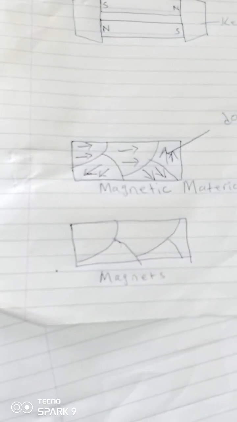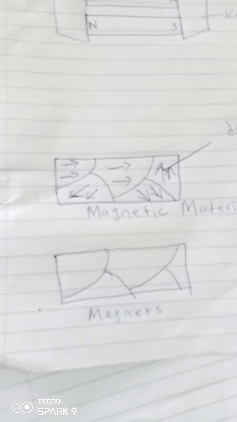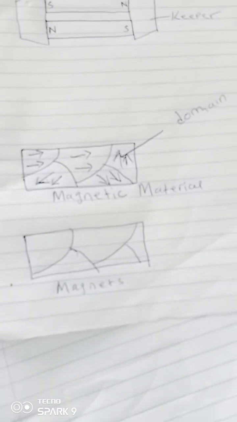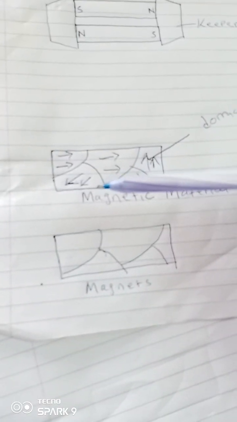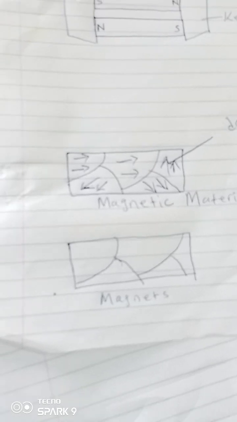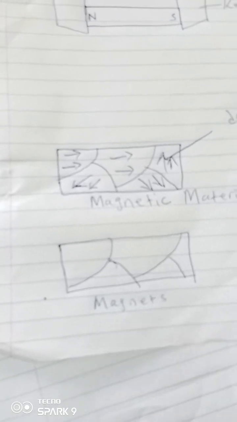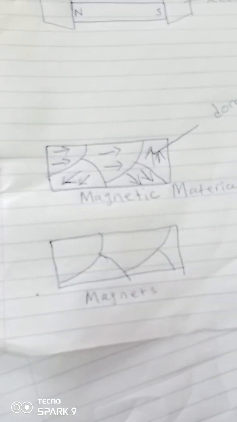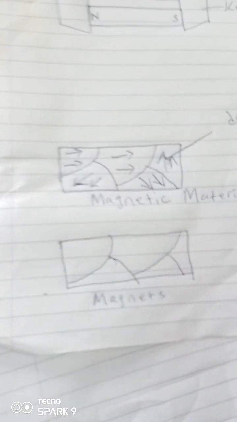But for the next domain, they are also facing the same direction but a different direction compared to the initial domain. Therefore, the magnetic field cancels out because the dipoles in different domains are not facing the same direction. These are magnetic materials.